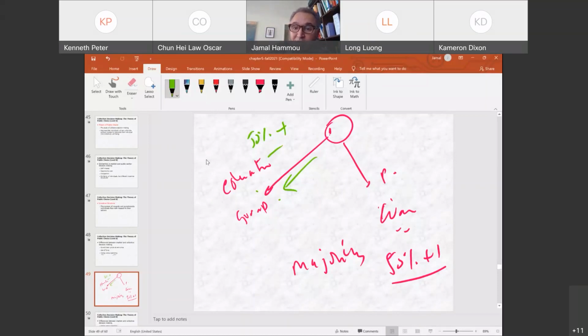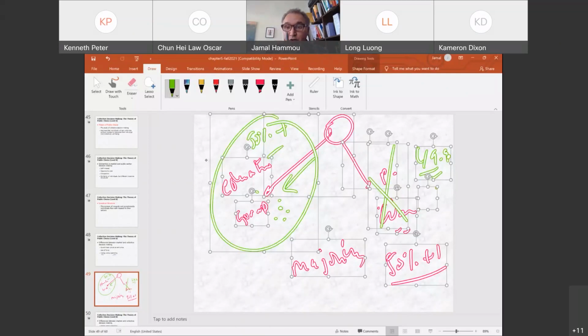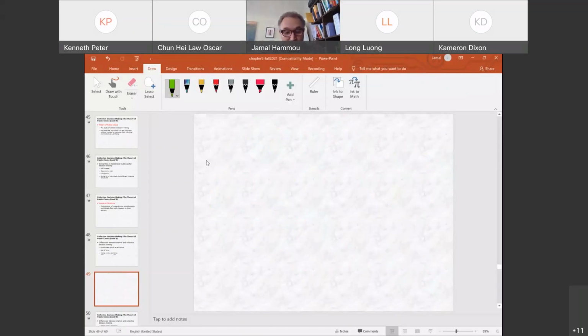We're not going to say, okay, we'll spend 50% plus one of the money on education and 49 point whatever percent on war. No, we only look at the majority rule. That's it, done. This is why voting is so important. If you don't participate, if you are not part of the system, somebody will make the decision in your place.